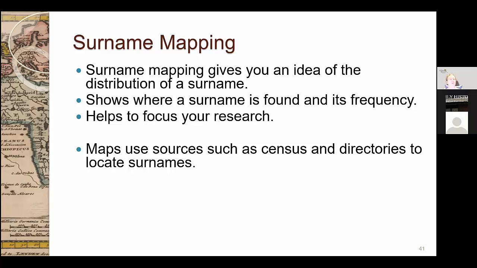So how do you narrow down your search instead of having to search every place in Germany? Well, these surname maps use sources such as census and directories for those countries to locate and map the surnames. So you're using these census records, these city directories, to locate where those names are present.